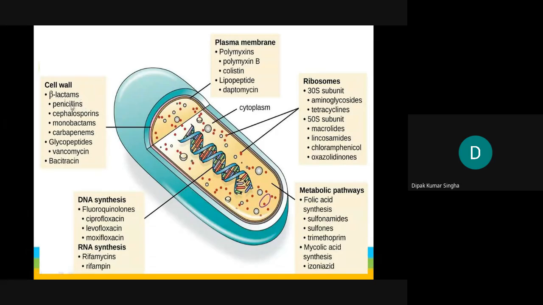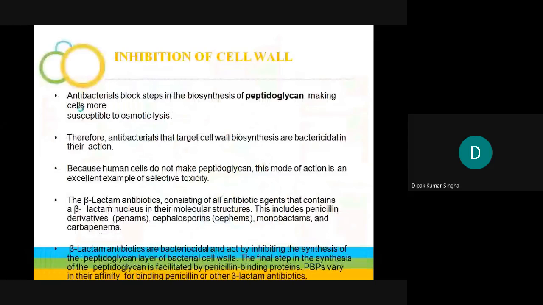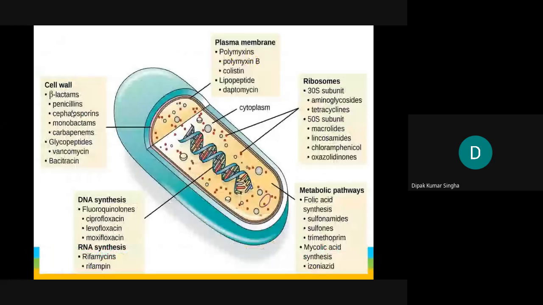Beta-lactams like penicillin, cephalosporin, monobactam, carbapenems, glycopeptides, vancomycin, and bacitracin. All are very good bactericidal agents as well as bacteriostatic agents. They basically are cell wall synthesis inhibitors.